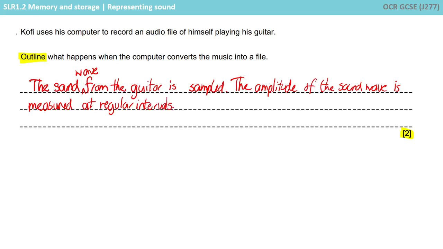These measurements are then stored as binary on the computer.